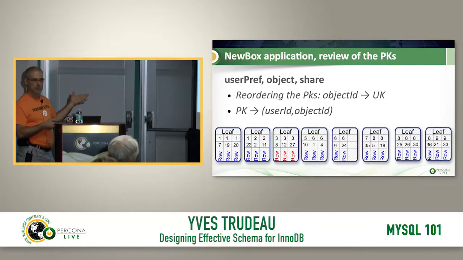The auto increment still works, uniqueness still works, and if the application needs to access by object ID, it works perfectly fine. But we reorder the primary key. So now we will use user ID and object ID.